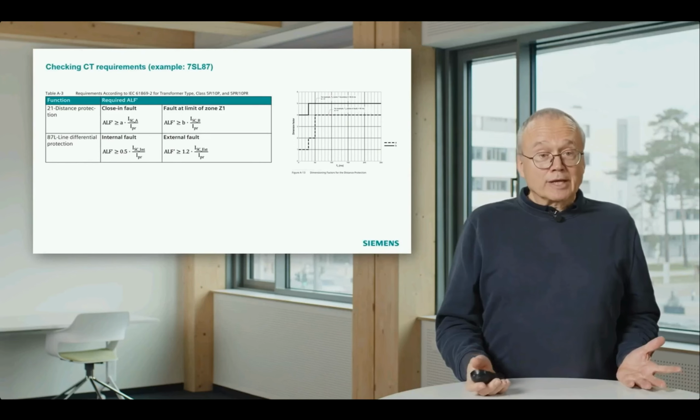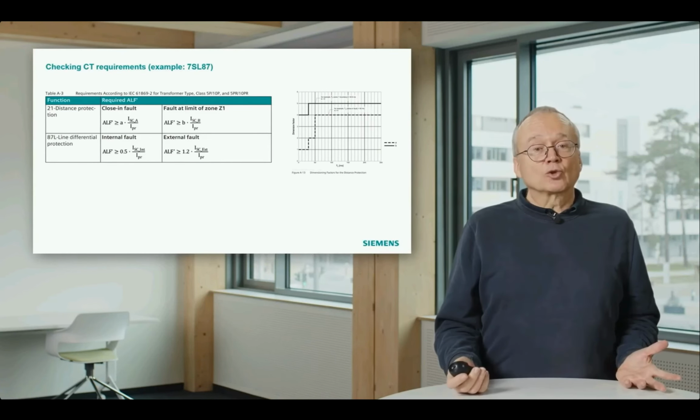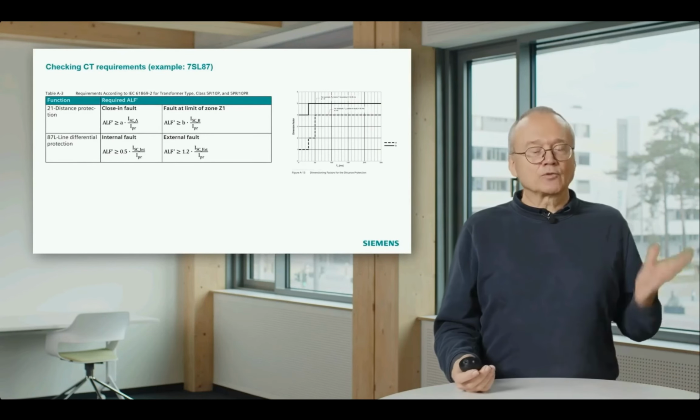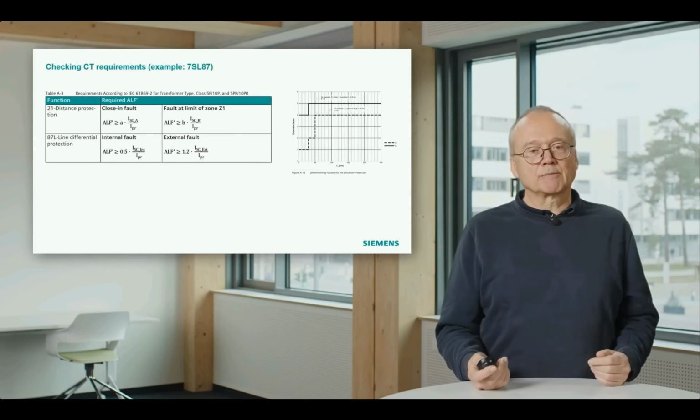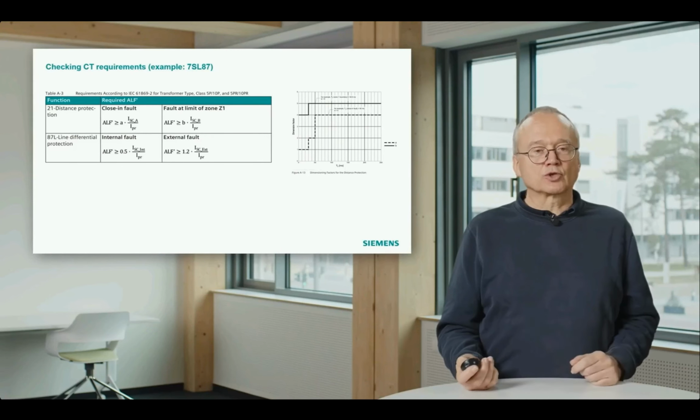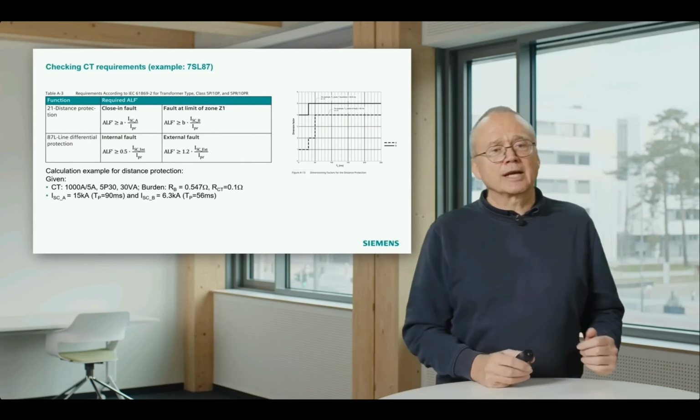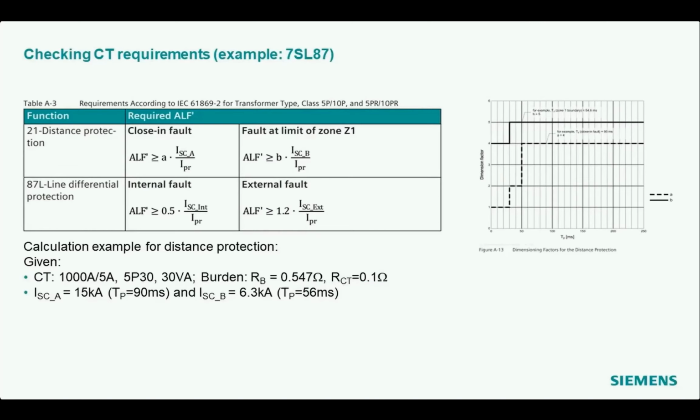So if we want to check these requirements, of course, we must know the short circuit currents. That means we must go to our friends from network planning or operational department or whoever knows the short circuit calculation. And we assume that they did a short circuit calculation for both locations. For the close-in fault, the result was 15 kiloamps short circuit current.